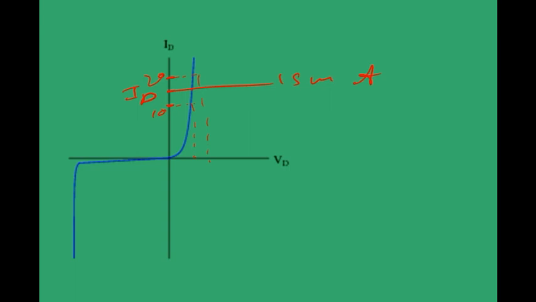If it was 0.7 volts when it is 10 milliamperes, and if it was 0.8 volts when it is 20 milliamperes, then my dynamic resistance will be 0.1 by 10 milliamperes, right? 10 power minus 3. That should give me 10 ohms. So it is 10 ohms at diode current 15 milliamperes.